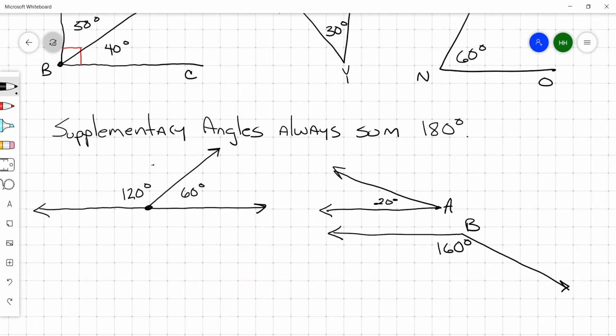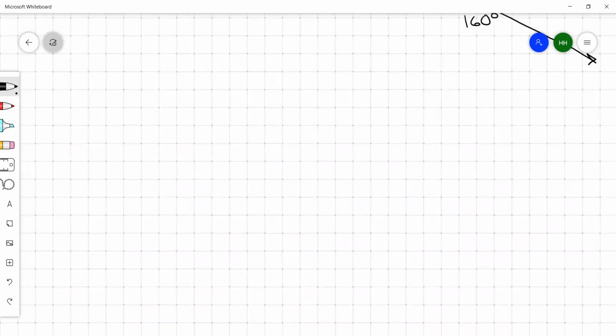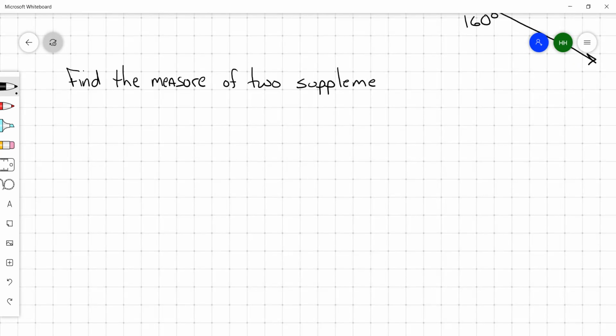All right, so some example problems related to these definitions would be: find the measure of two supplementary angles if the difference in the measures is 18.